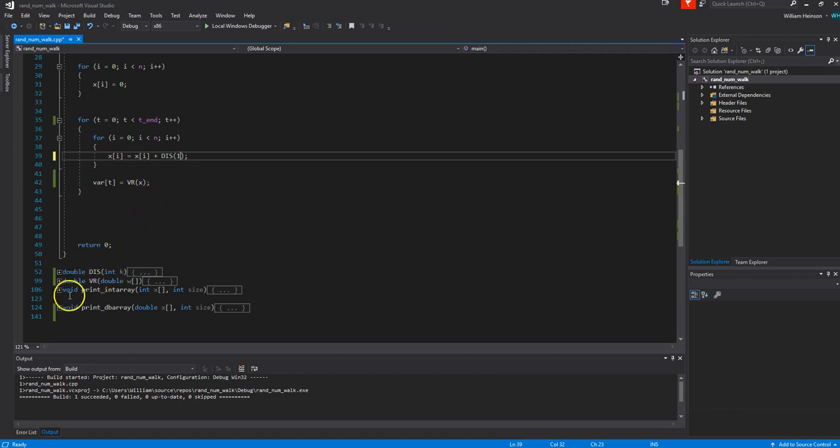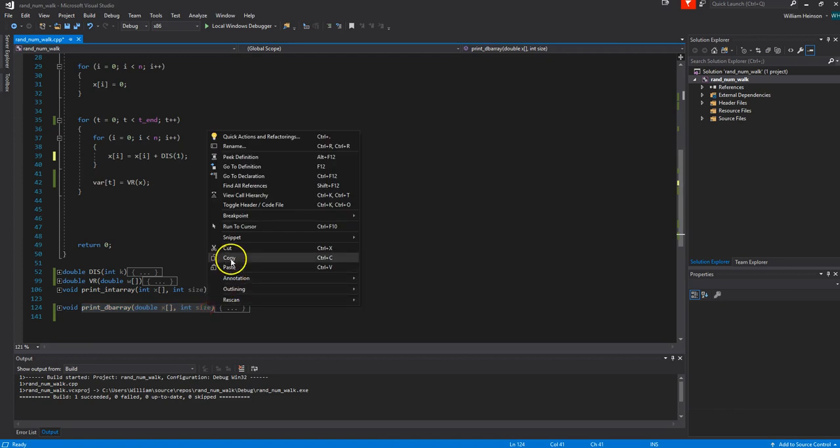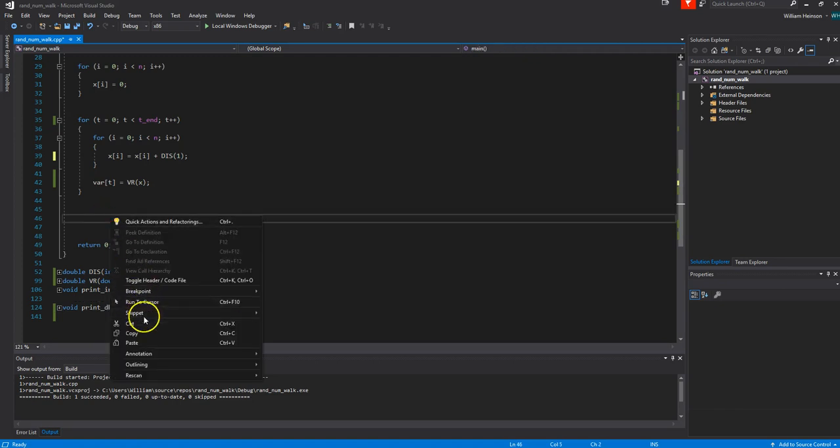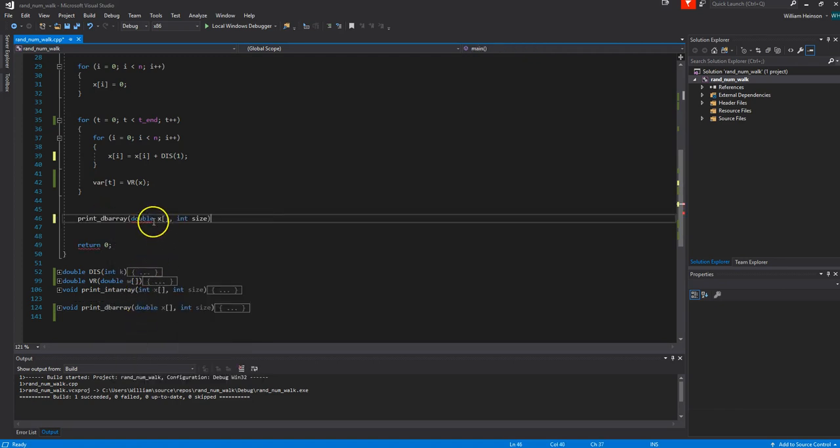When I print that double array at the end, we want to print out the variance. And what's the size?